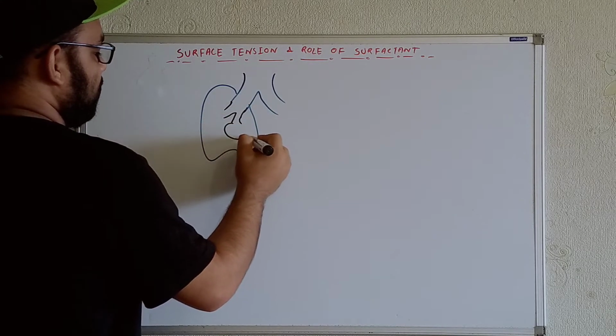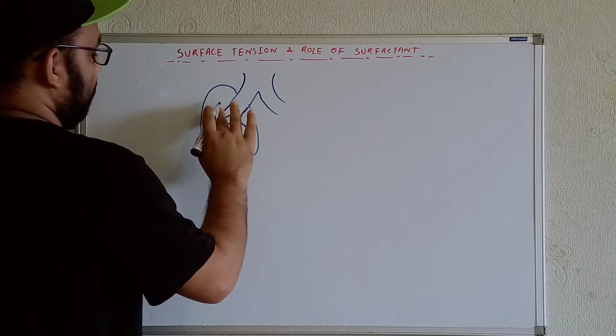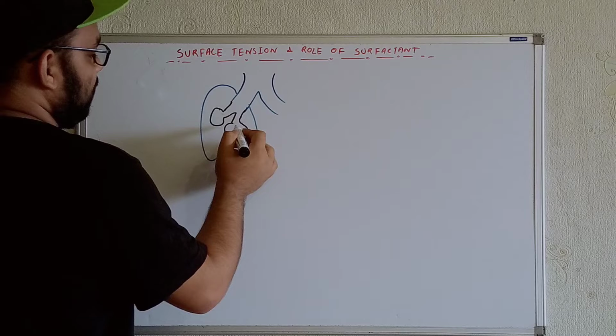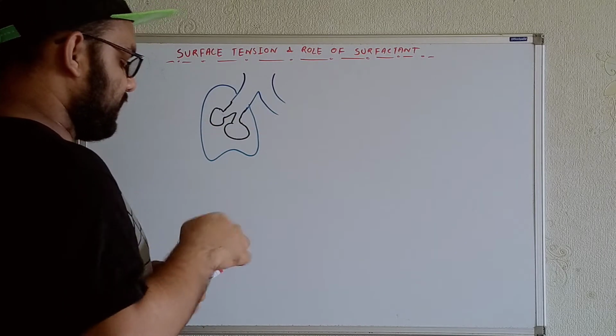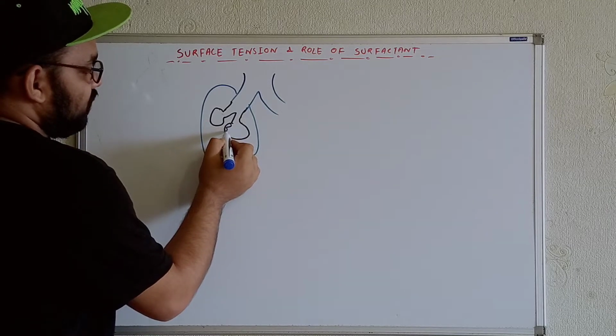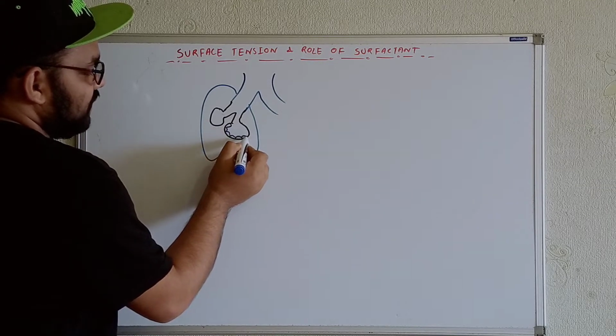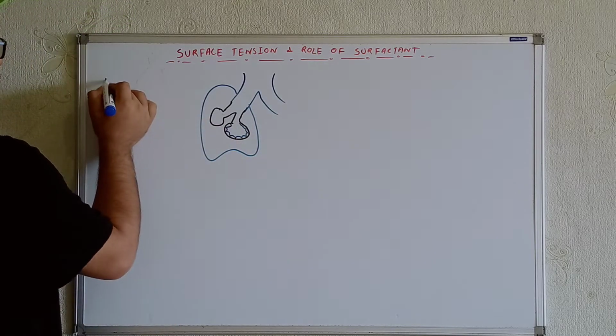Now see, within the alveoli we'll get basically two types of cells. First, on top, we'll get the cells known as type 1 pneumocytes. Type 1 pneumocytes are the flat cells. So first we'll get these cells within the alveoli.